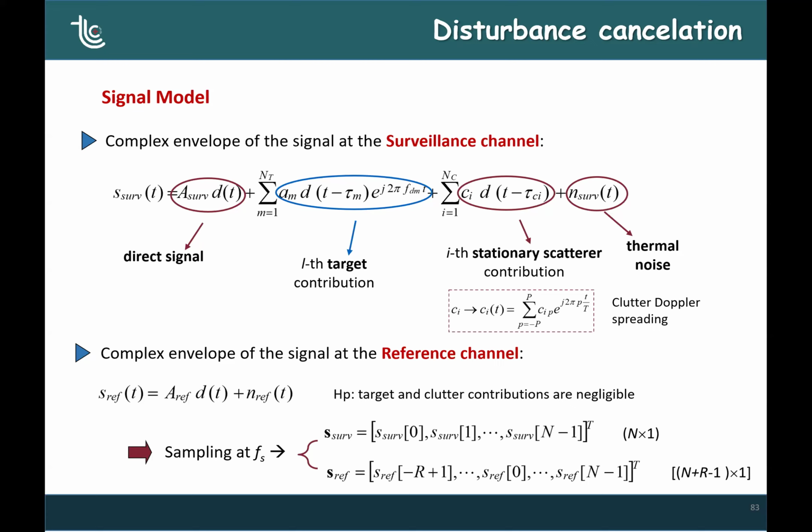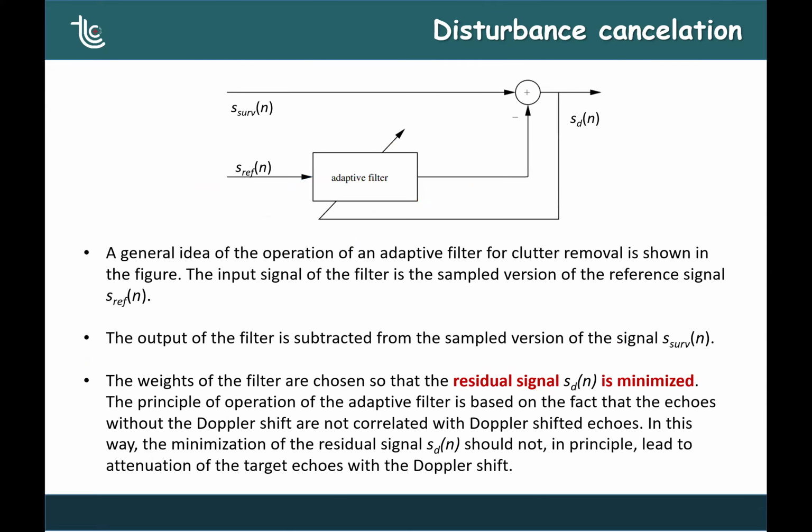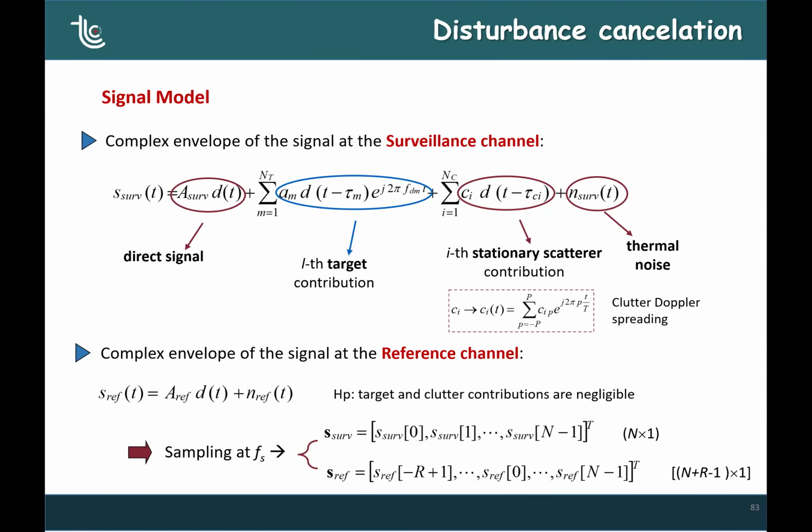Now, what we do, we sample the surveillance signal and we sample also the reference signal because, first of all, we want to calculate the ambiguity function, but before that, we need to clean the surveillance channel. So we base our observation on the fact that the useful signal, so the target contributions, have certain Doppler frequency.